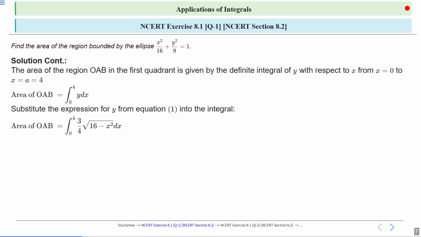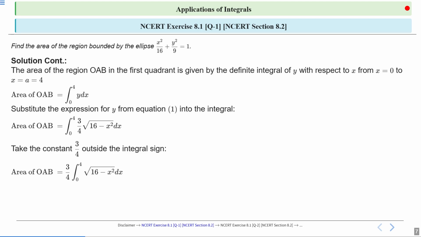And what is OAB? OAB is the area of the ellipse in the first quadrant. Take the constant 3 by 4 outside the integral sign. So the area of OAB is 3 by 4 times the definite integral from 0 to 4 of root under 16 minus x square dx.